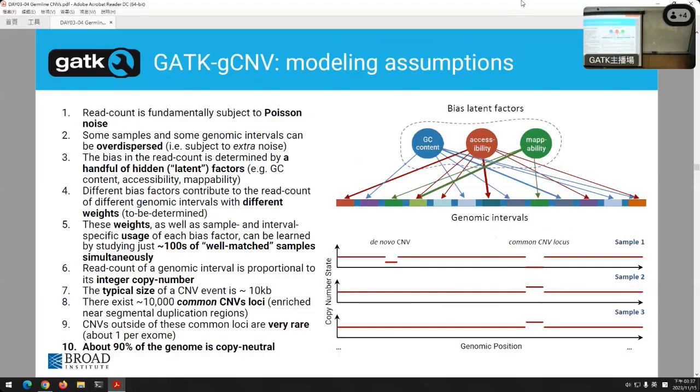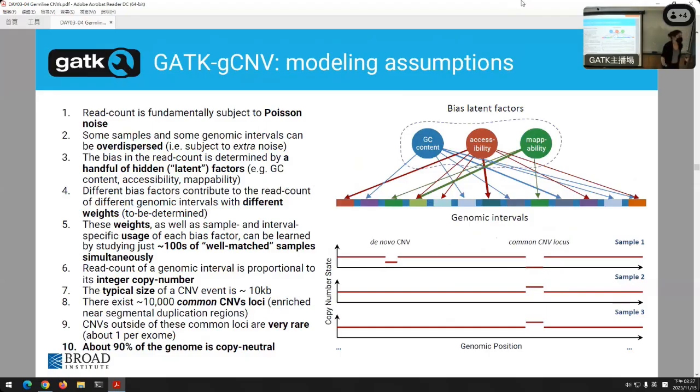But outside of those common recurrent CNV loci, copy number variants are quite rare. We actually expect to only find about 1 rare coding CNV per exome. So a vast majority, somewhere around 90% of the genome in each individual, or across individuals actually, is going to be copy neutral.